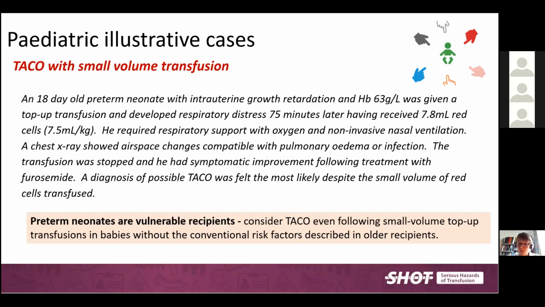And this is a case where an 18-year-old preterm neonate with intrauterine growth retardation who'd been born severely anemic with a hemoglobin of 63 grams per litre was given a top-up transfusion of a standard volume, but developed respiratory distress subsequently, and was diagnosed with possible TACO despite that.